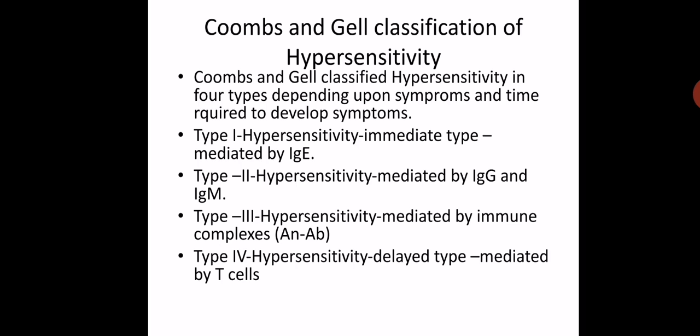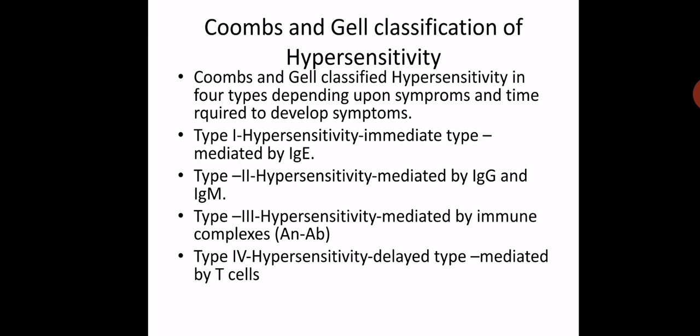IgE, we know that whenever we classify the antibodies, IgG, IgA, IgM, IgD, and IgE. So we know that IgD and IgE are kept below in the list because their percentage is negligible, as well as their immunological significance is not so much.